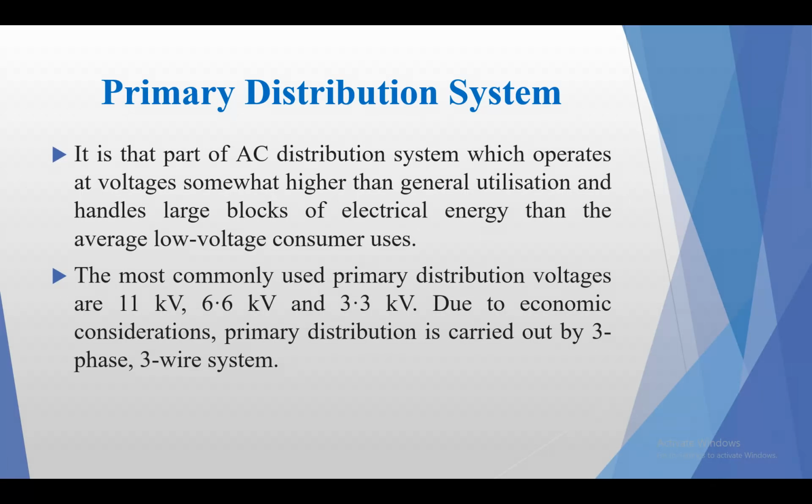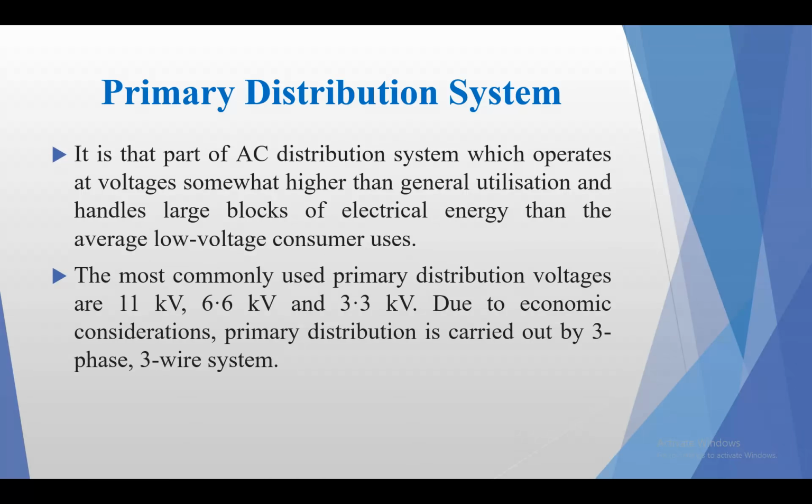The most common primary distribution voltages are 11 kV, 6.6 kV and 3.3 kV. Due to economic consideration, primary distribution is carried out by a three-phase, three-wire system.